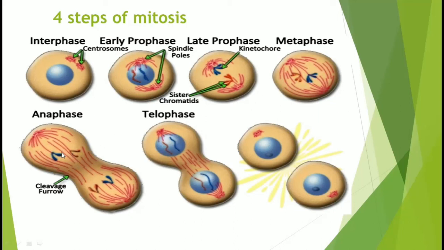The chromatids are pulled toward the opposite poles. They are completely pulled to their sides, and this is the telophase. It shows that a nucleus also appears in the two daughter cells. The spindle fibers completely disappear. These four steps are showing mitosis.